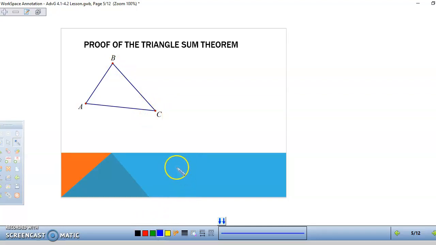We need to use either a previously proven theorem or a postulate or a property to start our proof. And if we want to get to 180, there's really one obvious choice to help us with that. And that is that supplementary angles add up to 180, or that a linear pair also adds up to 180.